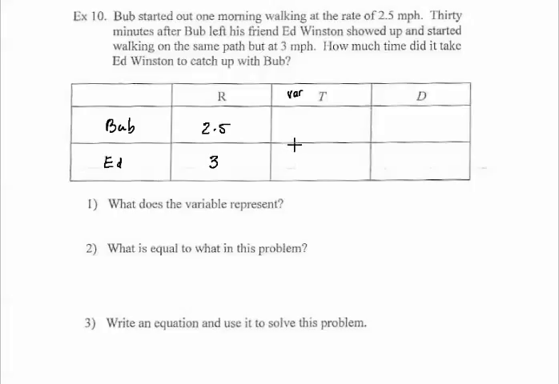Alright, so in this case we say that Bub started out one morning. 30 minutes after Bub left, his friend shows up. Okay, we're going to call X the amount of time, and we're only going to put X by itself in the T column, Bub's row.